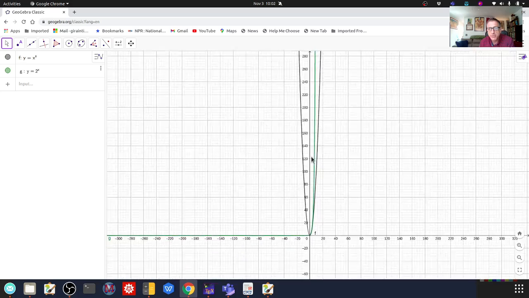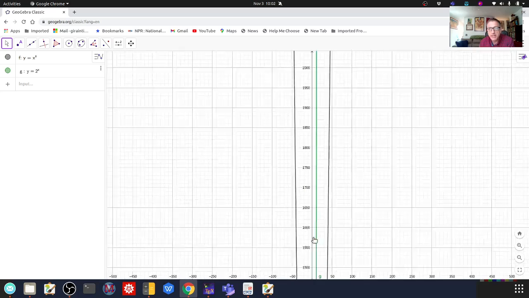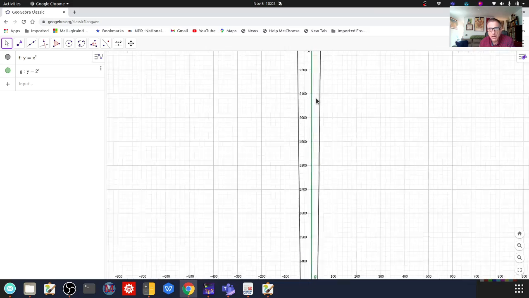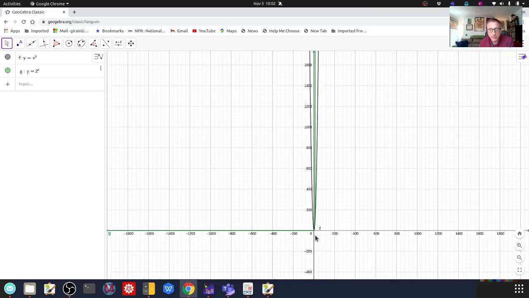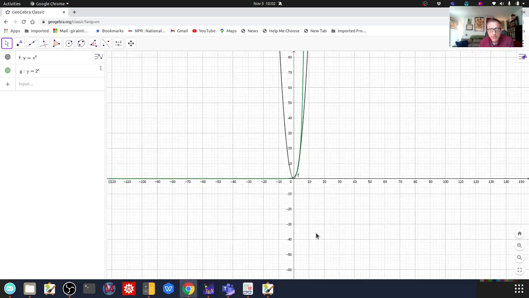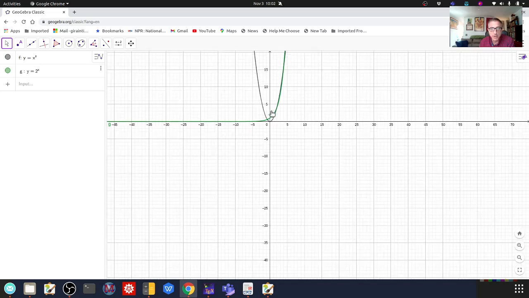I'll zoom way out and go down, and you can see them getting further and further apart as I zoom in. That means that the exponential function is increasing much faster than the parabolic function, or the degree 2 polynomial.